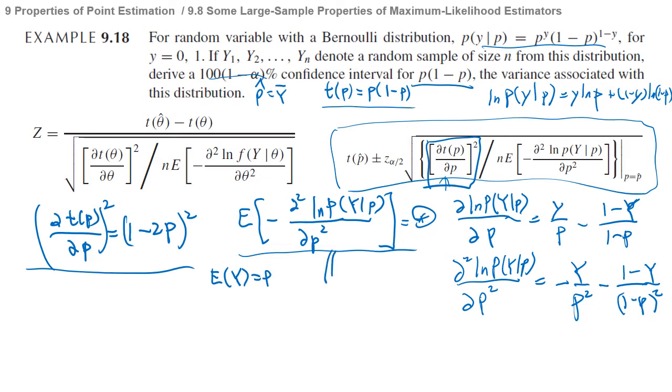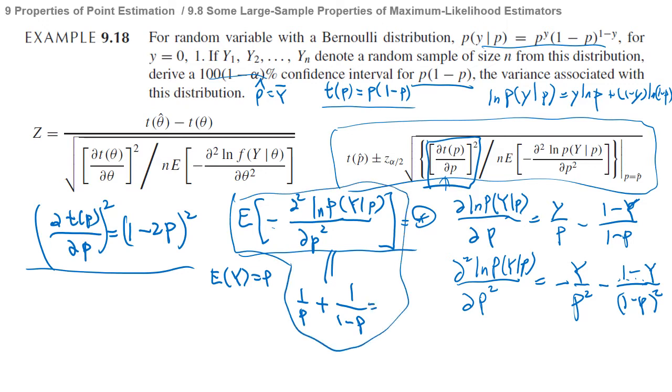So this one becomes, here we have minus, so 1 over p minus, plus this one is also 1 minus p, so 1 minus p cancelled. So this one becomes this thing, and actually this one is p times 1 minus p, 1 minus p plus p is 1, and so we have this one.